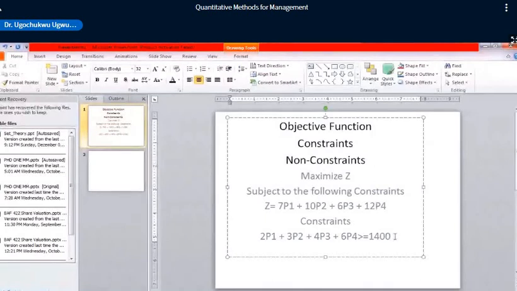But for the purpose of this particular class, we'll be focusing on the graphical method. Each of these constraints will enable you to plot your graph, and each constraint equation will represent a line in your graph.